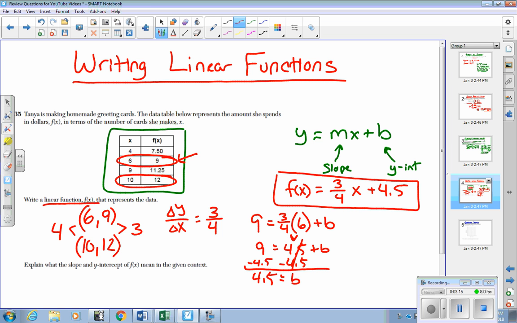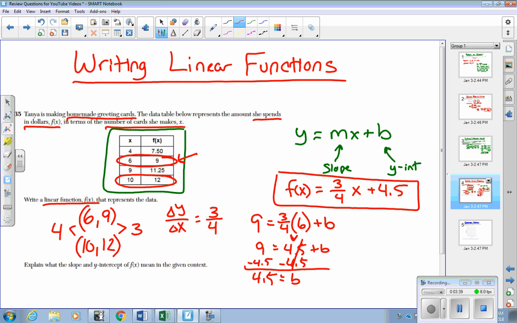And now it's asking us to explain what the slope and intercept are in the context of the question. So what that means is we need to go back up to the top. The question talks about Tanya making greeting cards, and f of x represents the amount she spends, and x represents the number of cards she made.